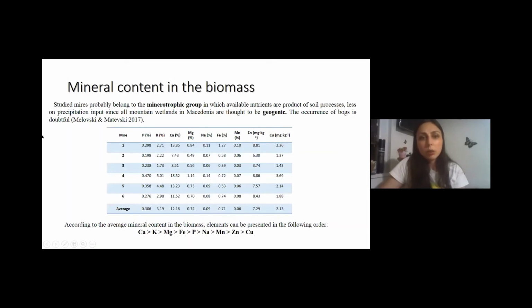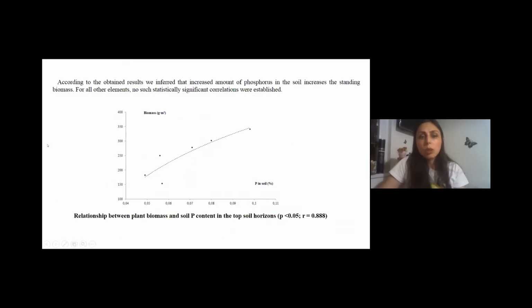The mineral content we also studied, because we wanted to find out if we are talking about a minerotrophic group of mires, or are they geogenic. Also, one of the main points of this research was the relationship between the plant biomass and soil phosphorus content in the top soil horizons, where we got some logarithmic correlation.